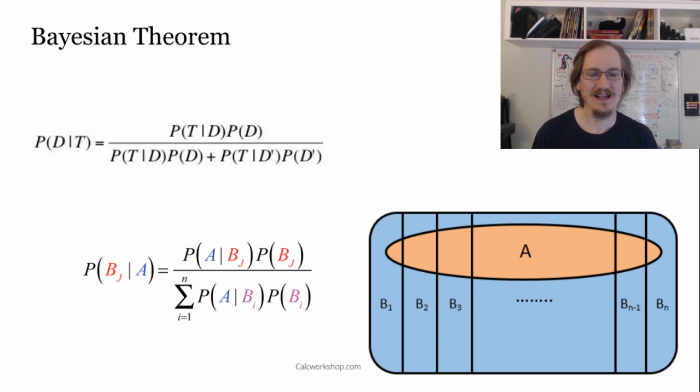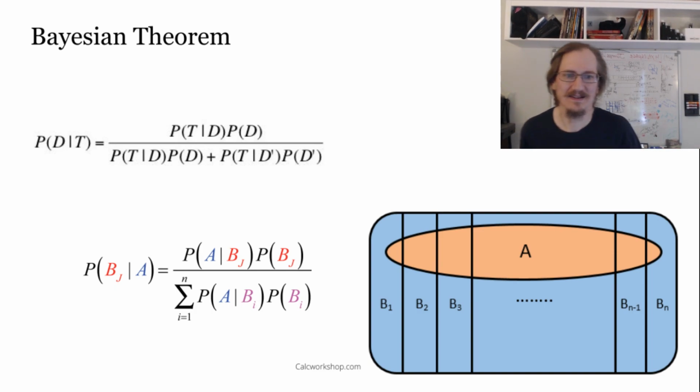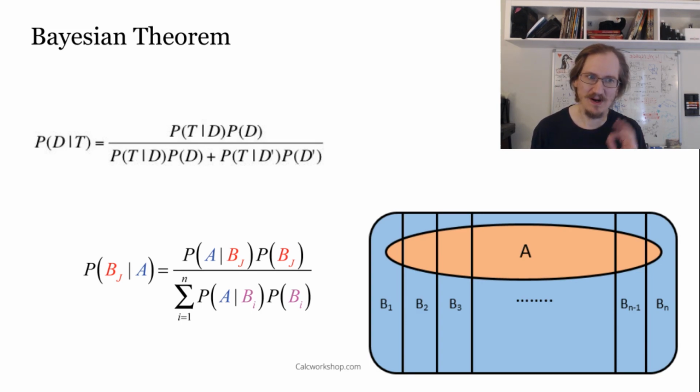And we know that there's a piece of A in all of the partition pieces, okay? But for that denominator, we have to sum up each part of A that is in that part of B, right? So in B1, we take that corner, that little tiny part of A, and we multiply that times the probability of B1.